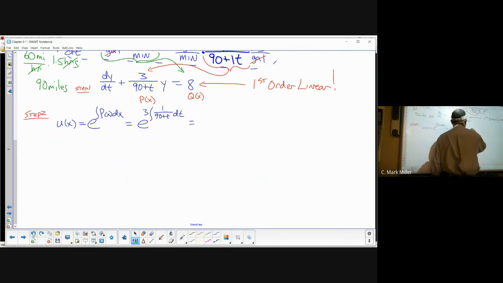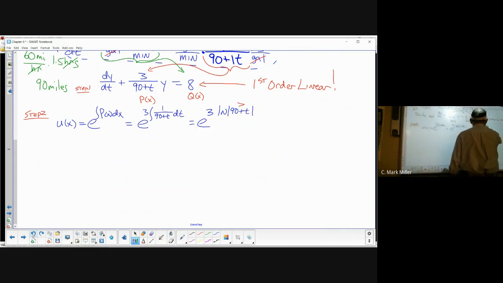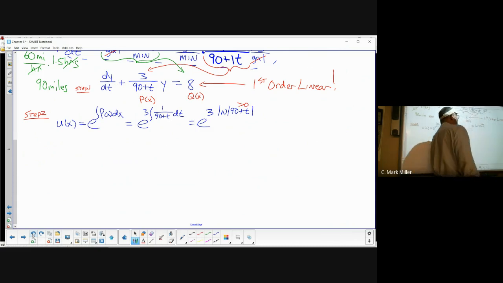That's going to be e to the 3 natural log 90 plus t. Now in this case, 90 plus t is greater than 0, right? Because t is positive.